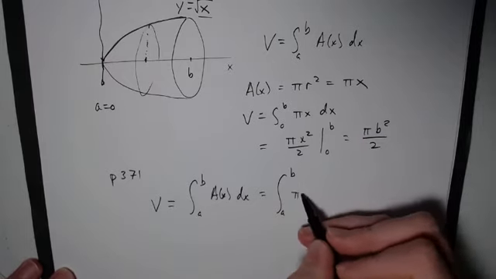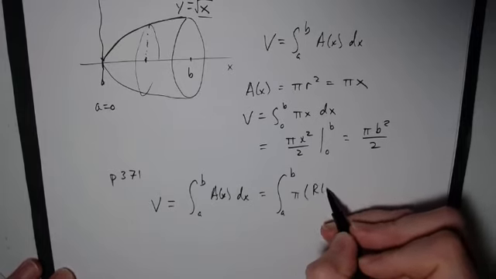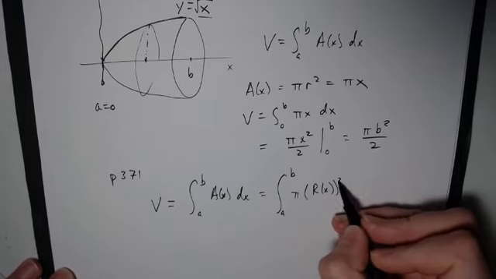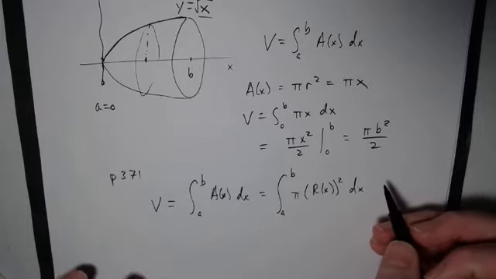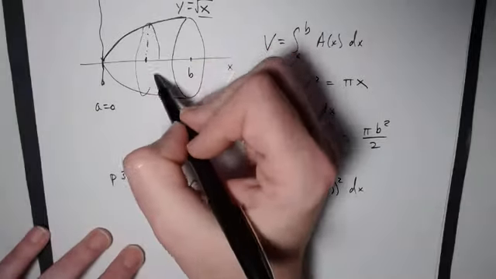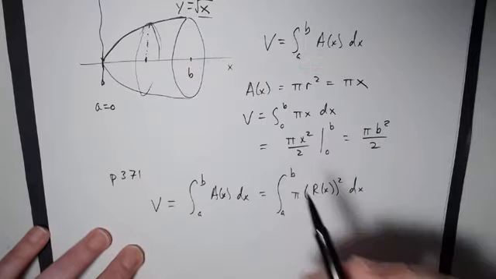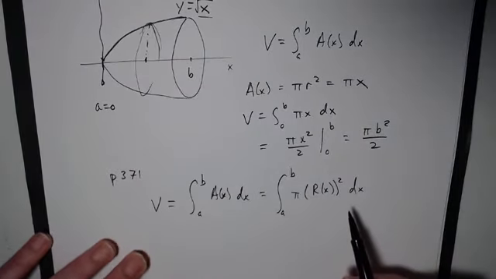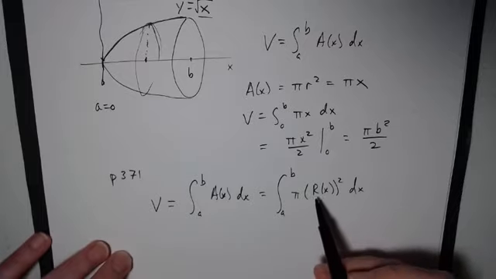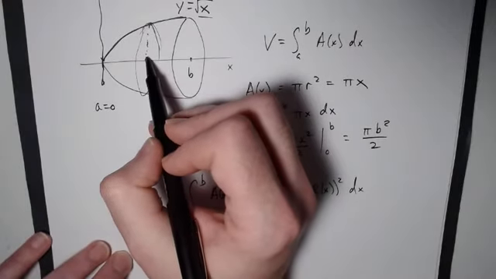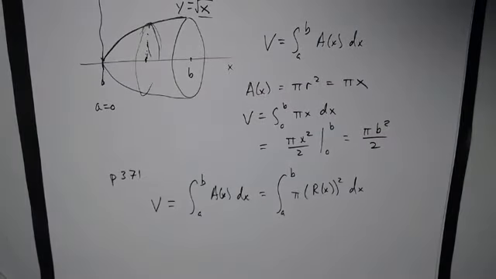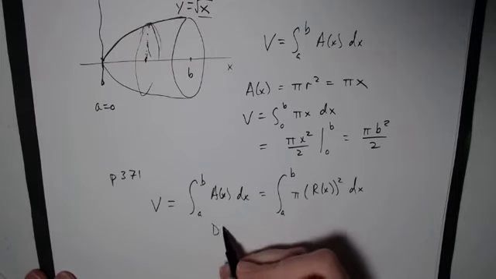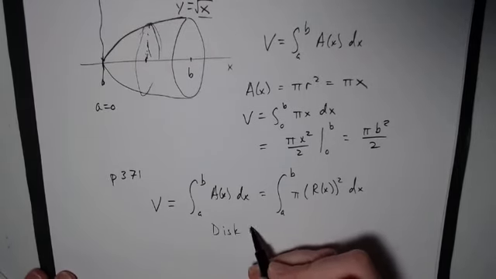So we'll have pi times our radius function of x squared dx. What we're doing here is assuming that each of our cross sections is a disk, so long as our surface gives that, then the radius of that disk is the height function of the curve that would generate that solid. And this is called, by many books, the disk method.